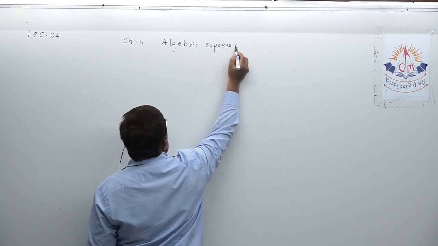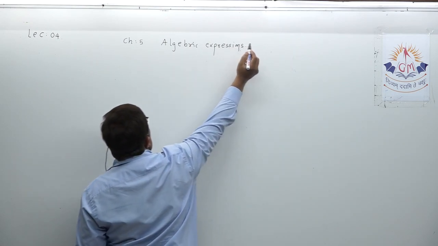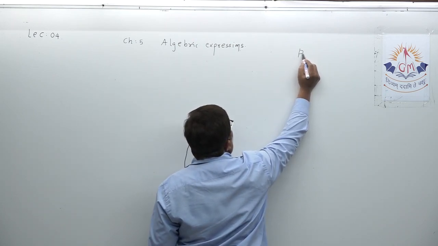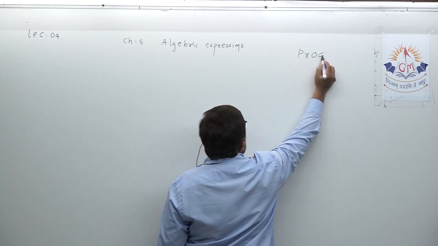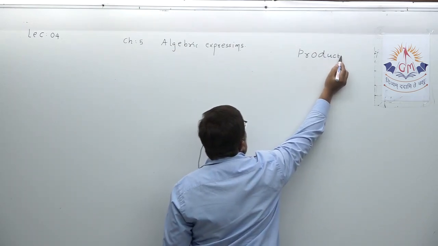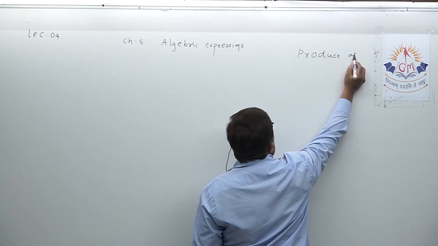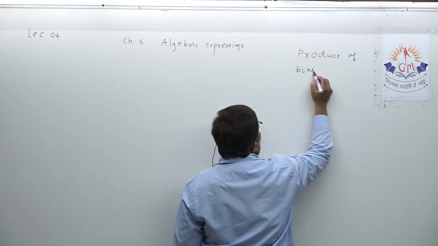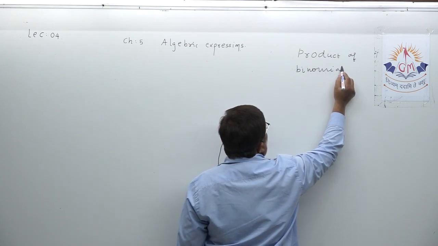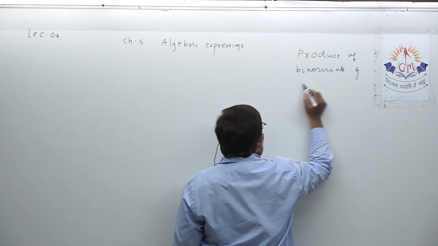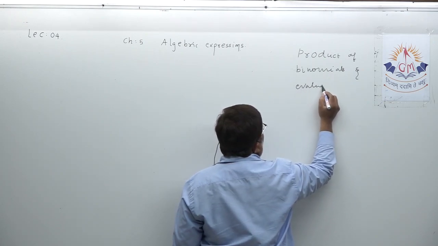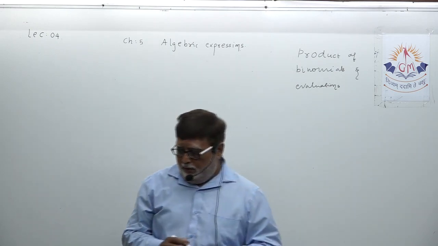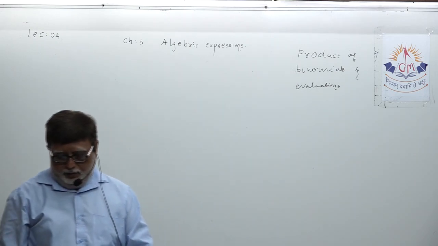is to practice some of the examples of the topic I am writing here, product of binomials and evaluation. As we do the examples, you will come to know how we are discussing this particular topic.